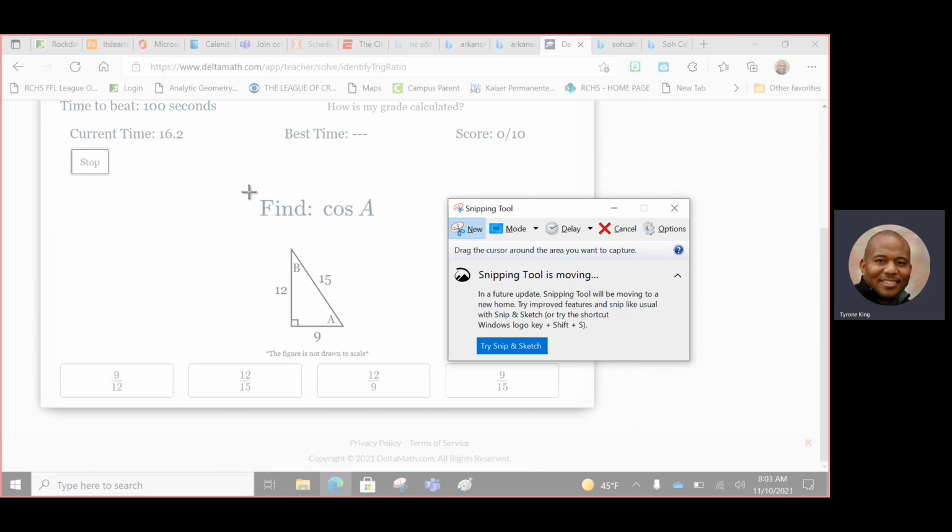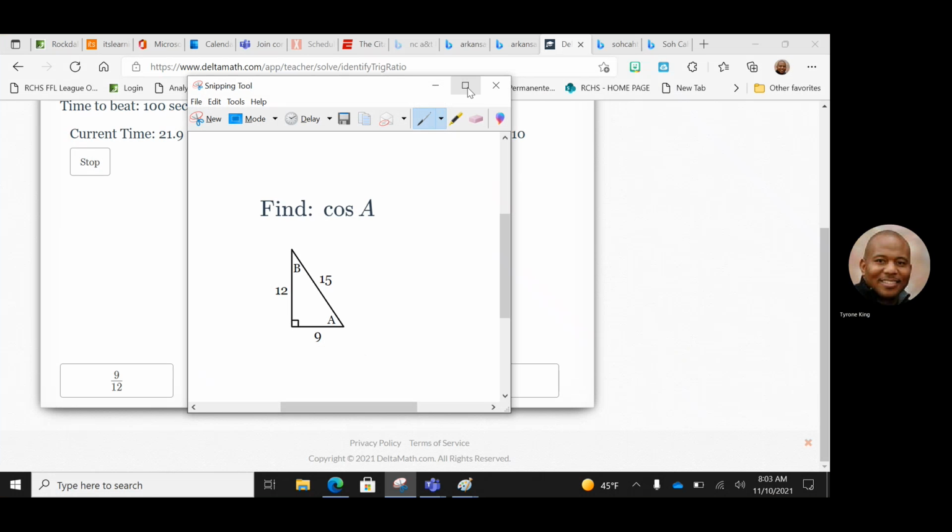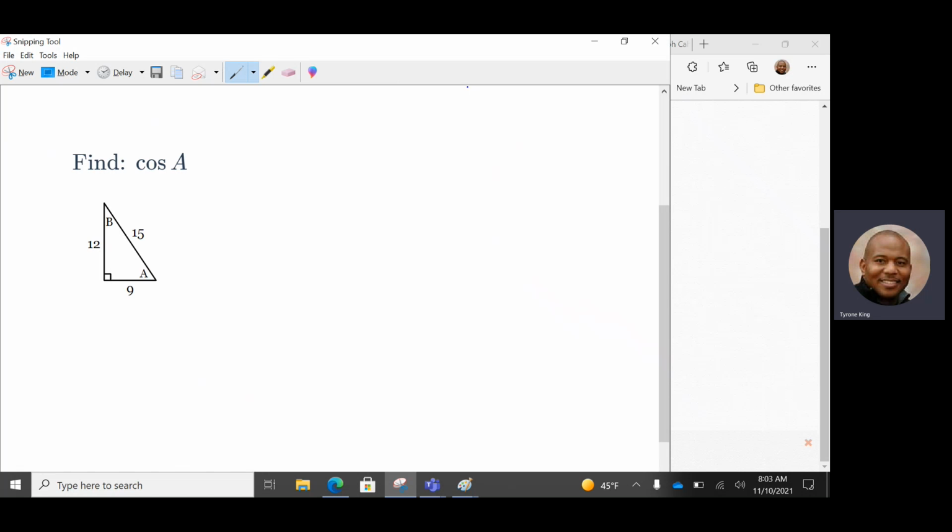Here I have the cosine of A, and I could label or highlight my sides. A is my reference angle in this problem. I label my sides in reference to A. This is opposite.